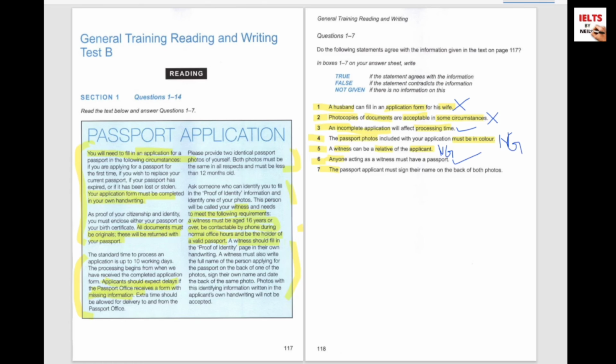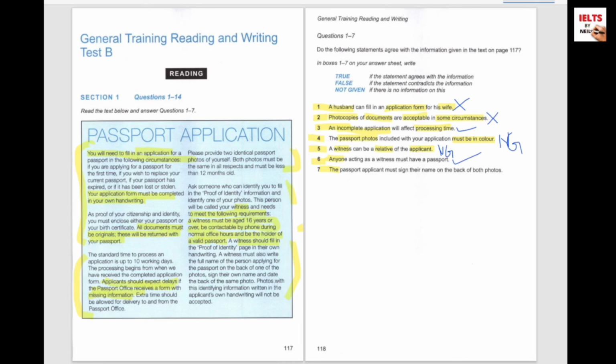A witness should fill in the proof of identity page in their own handwriting. A witness must also write the full name of the person applying for the passport on the back of one of the photos, sign their own name and date the back of the same photos.